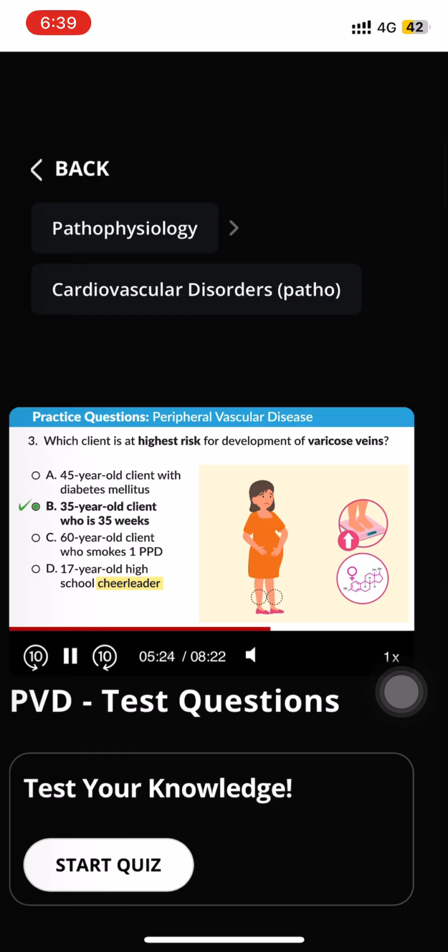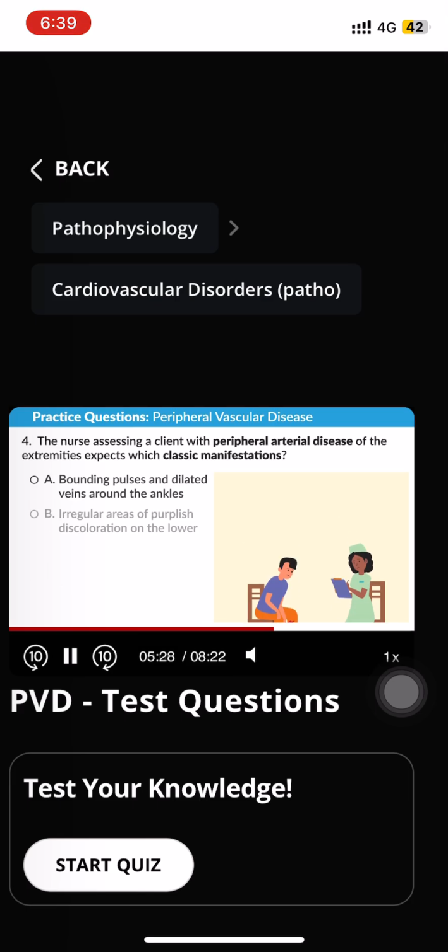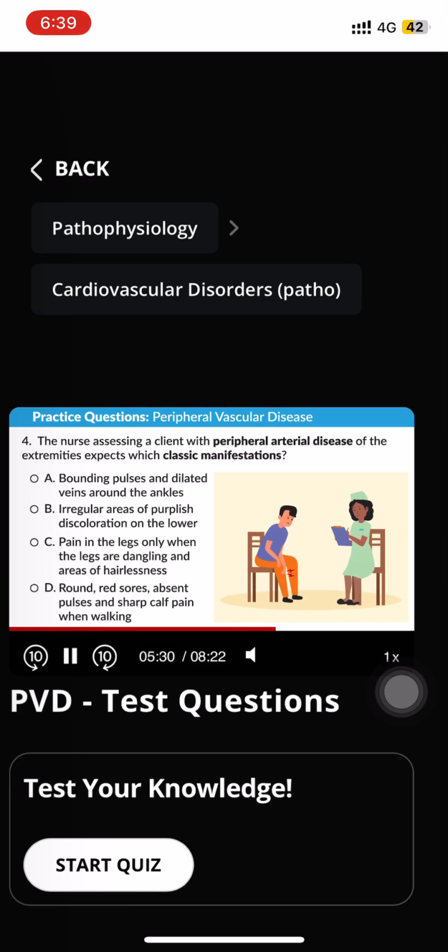So option B would be the most correct here. Now moving on to the last question, question number 4. The nurse is assessing a client with peripheral arterial disease, that PAD, of the extremities, expects which classic manifestation? So pause the screen and try your best to answer this question in about 60 seconds or less.